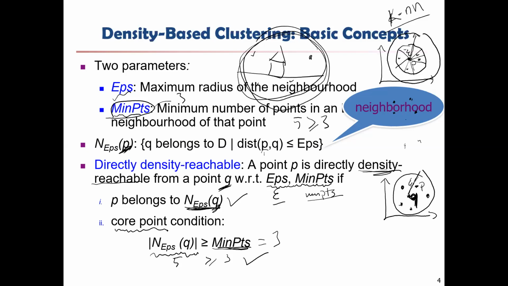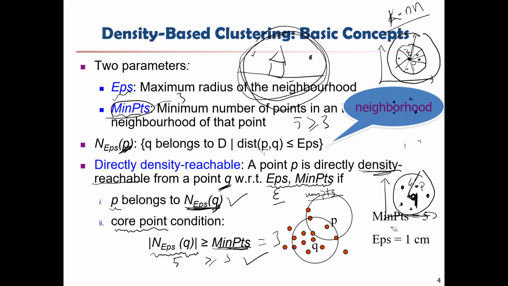If you have enough data points in your neighborhood based on epsilon, if you satisfy that condition, that means you are a core point. One more time: Q must be a core point, and P must be in the neighborhood of this Q, and then you can say that P is directly density reachable from Q. Okay, that is the definition of directly density reachable.